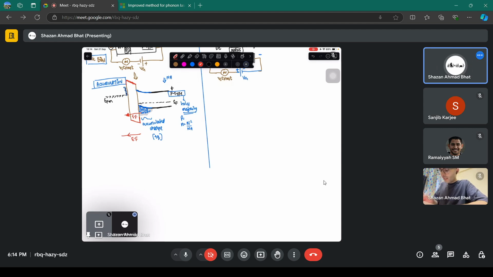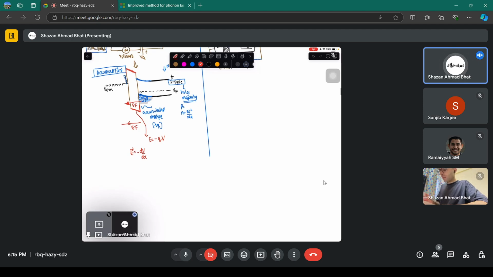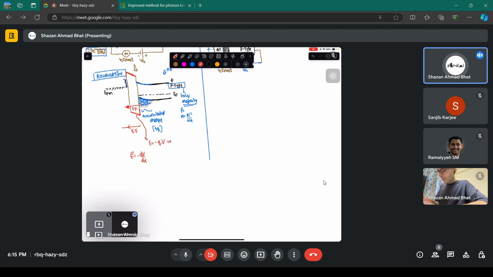Okay, so this particular bending of a conduction band or the valence band is actually electrostatic potential energy. So you know that electrostatic potential energy is minus q times electrostatic potential. And you know that electric field is equivalent to minus dV by dx, the gradient of the potential. From this you get V equals minus E by q.